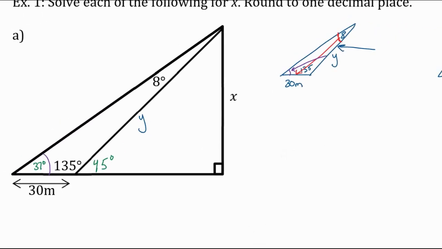So in this case, like I said, I'm using sine law and I'm looking for a side length. And I like to organize my solutions by labeling and giving a little title, like when we were solving triangles. So I'd give it a little title. This is for y. So I'm solving for y. Okay. And I'm solving for a side length and I'm using sine law. So it's a over sine a equals b over sine b. I'm using this version because it has side lengths on top.